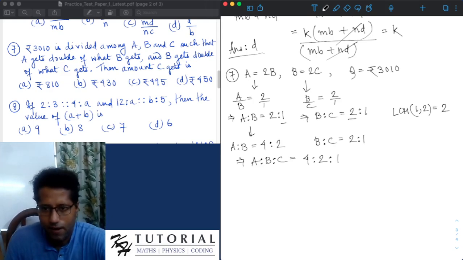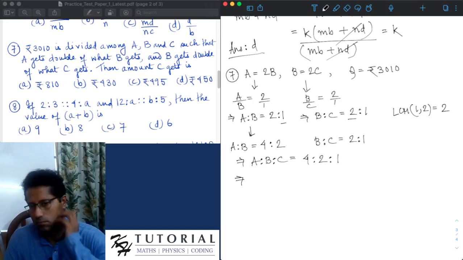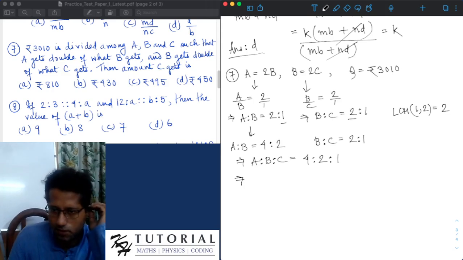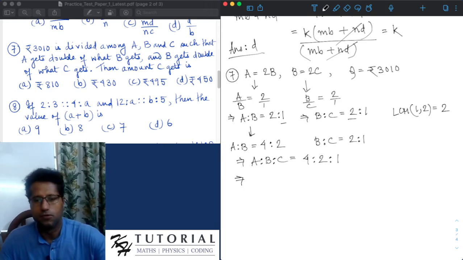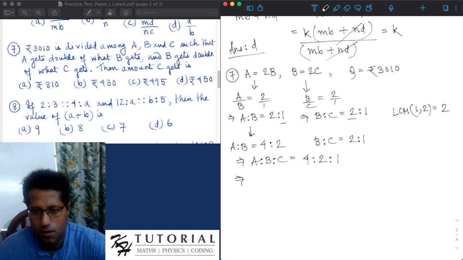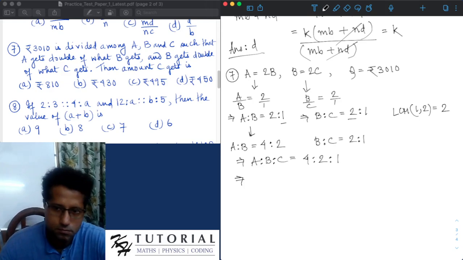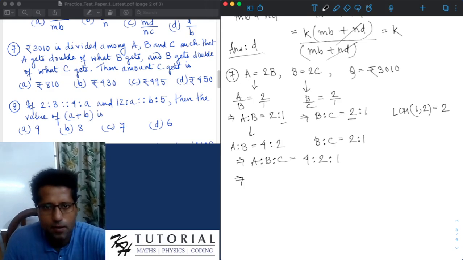Now if we have this kind of ratio of three quantities, ABC represents the three parts of the quantity rupees 3010. It has asked the amount C gets.